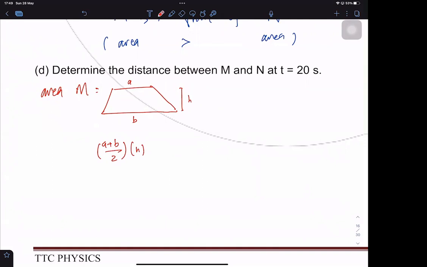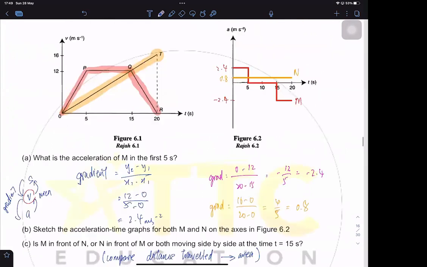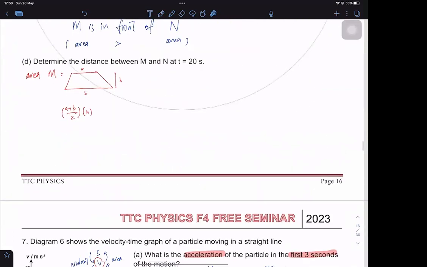So (A plus B) divided by 2: A is 10, 5 to 15 is 10, and B is 20.